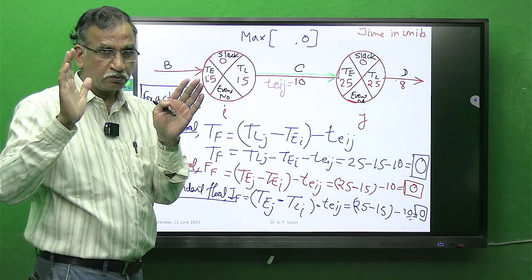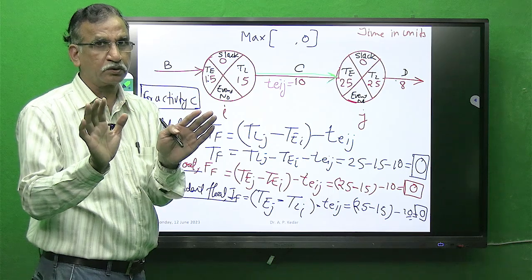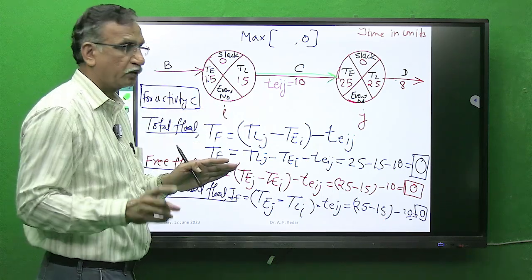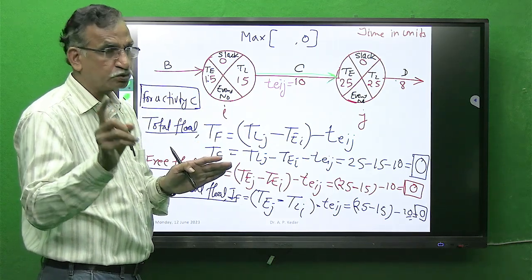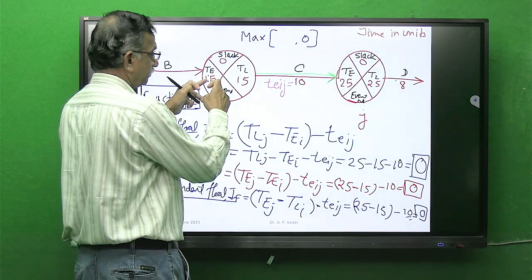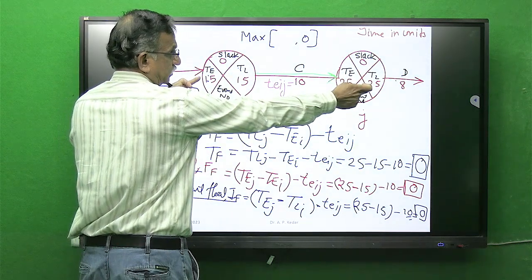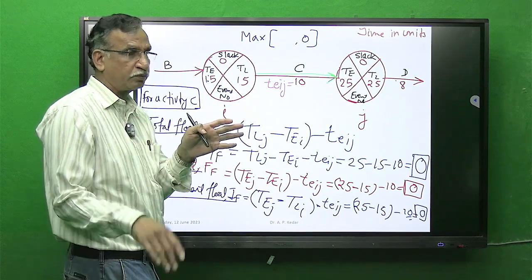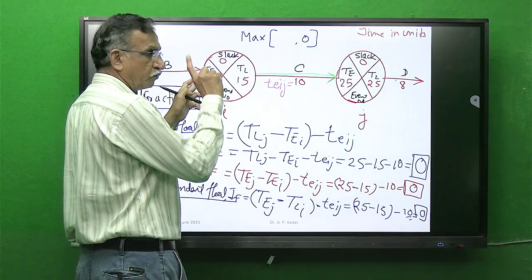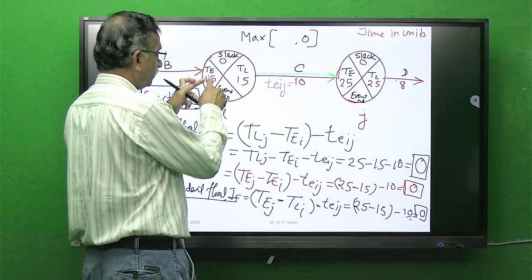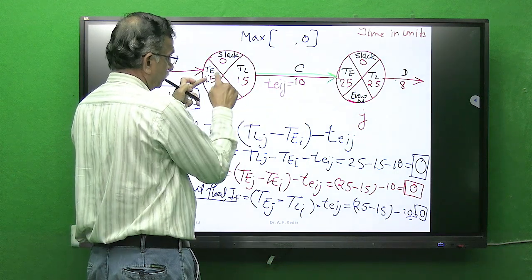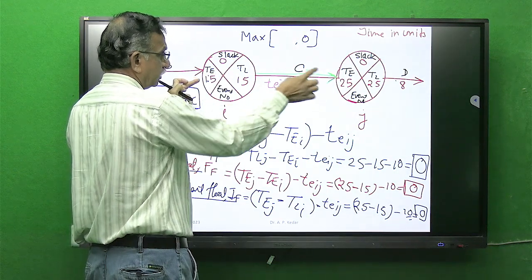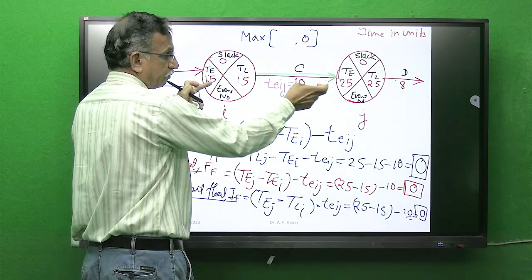So now I am telling a shortcut for finding the gap. For the first, that is total float, the gap of this first and last, minus Tij, is total float. For free float, the gap of first and first corner, minus Tij.